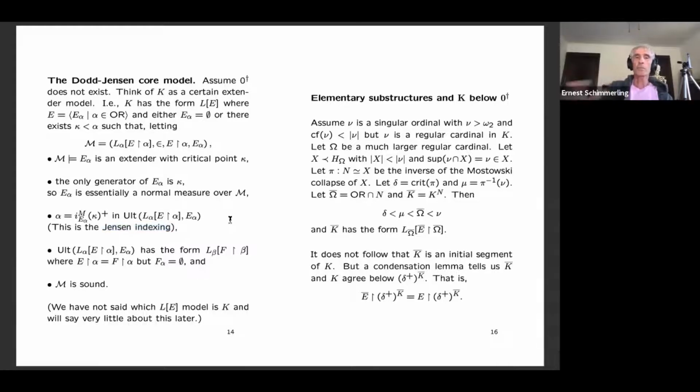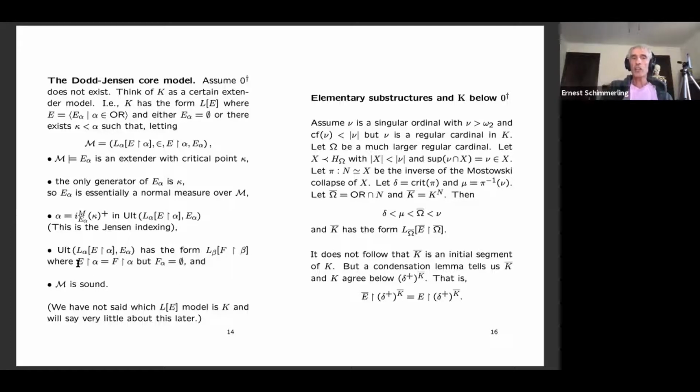Okay, and the Mitchell-Steele indexing is different. It's earlier. The Jensen indexing is quite late. The Mitchell-Steele indexing is sort of as early as possible. Okay, and then there's something that's known as the coherence condition, which says that this ultra power is also an L of E model.